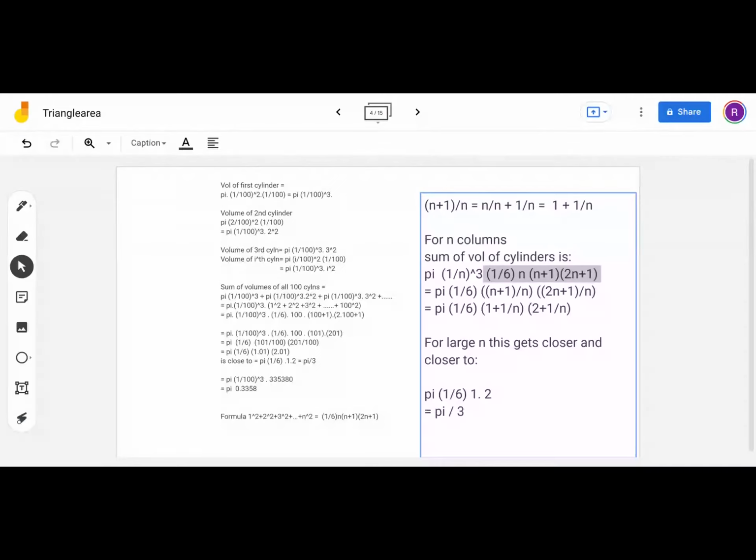Okay, so this is how, if you know the formula for 1 squared plus 2 squared till n squared, you can get the volume of the cone. But I think you have not seen this formula before, right? You have not seen the derivation for why 1 squared plus 2 squared till n squared gives this formula. Is that correct?